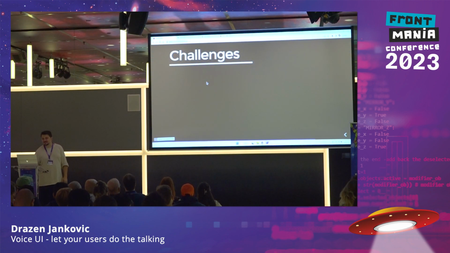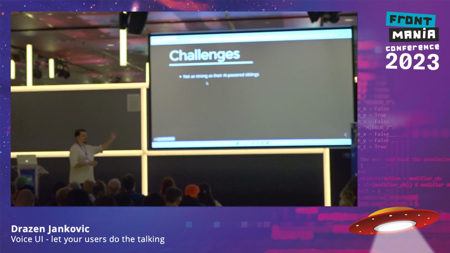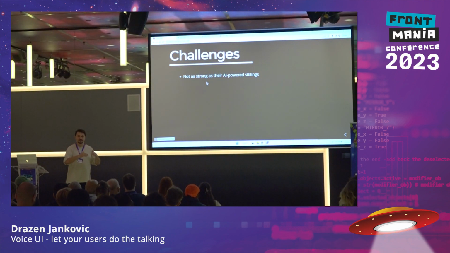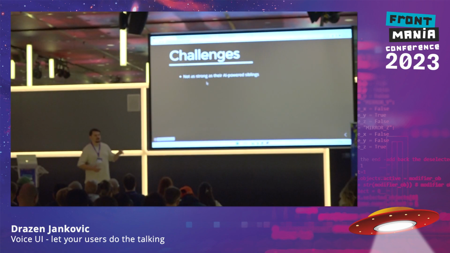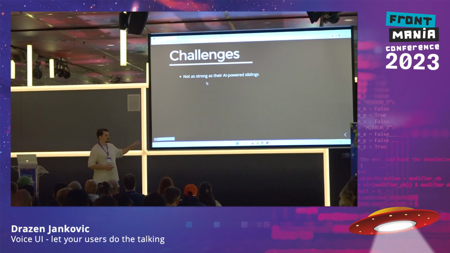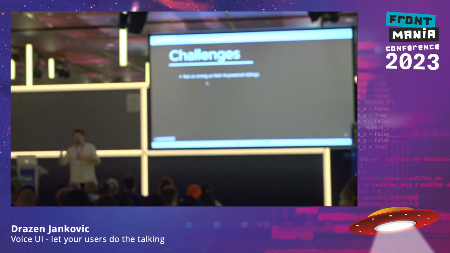So some of the challenges that we see, it's not as strong as their AI-powered partner because it's trying to somewhat guess what you're saying and trying to grab alternatives to it. And the speech API behind it is fairly powerful, but you did see that most of the things that I said were 0.89, 0.95, while you're looking to get as close to 1 as possible.